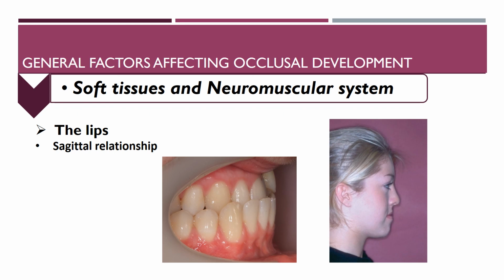This dentoalveolar compensation occurs in class 3 malocclusion because an anterior oral seal can frequently be achieved by upper to lower lip contact. This has the effect of moving the upper and lower labial segments toward each other.